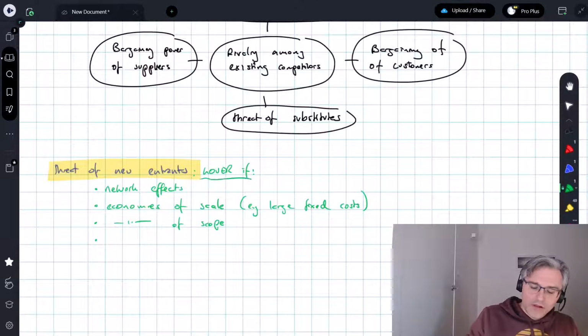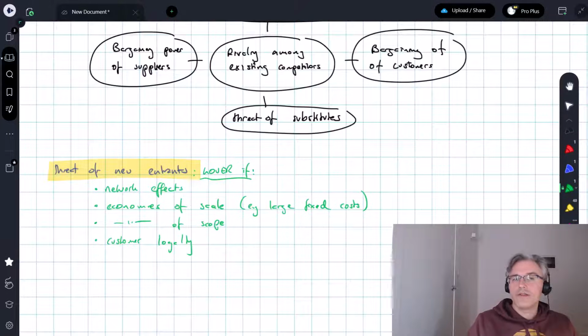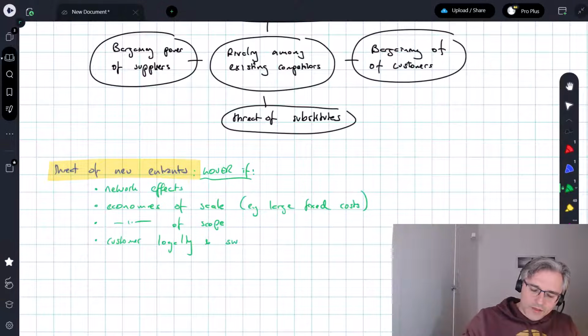Something that also lowers the threat of new entrants is when we have a lot of customer loyalty. Of course, loyal customers will not necessarily switch to the product offered by a new entrant, and that's going to be especially the case if those products are highly differentiated. Well, differentiation typically breeds customer loyalty, but often there will also be specific switching costs involved.